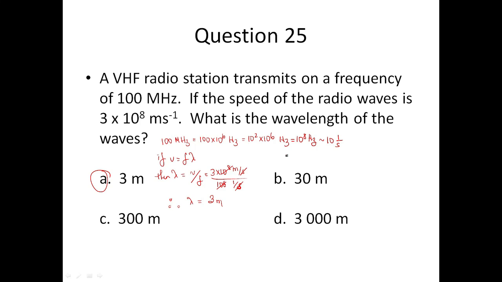You add those two and you get 10 to the 8. If speed is equal to frequency times wavelength, then wavelength will be equal to speed divided by frequency. As you can see, the 10 to the 8s cancel and the seconds cancel, so now you're left with 3 meters, and A is our answer.